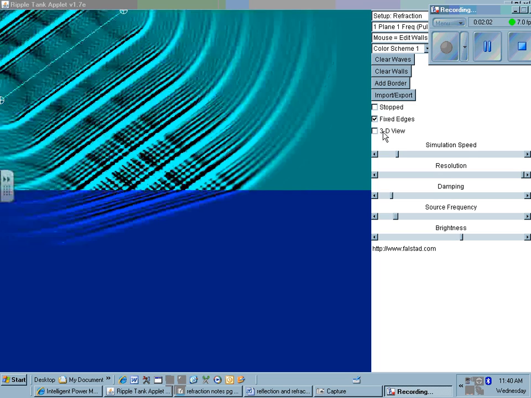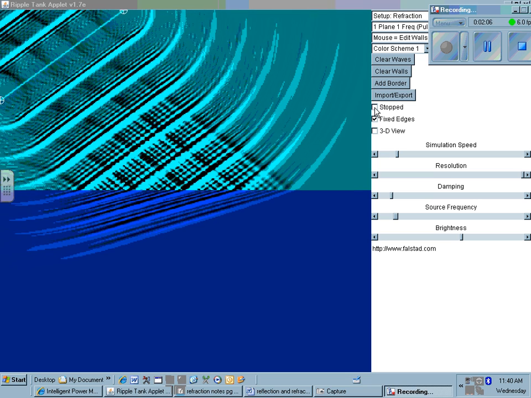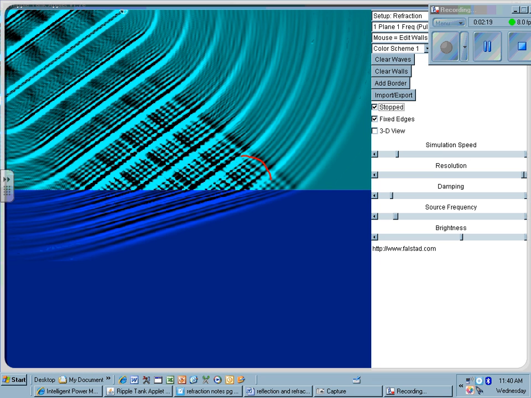Let me stop it. If you look at the wavelengths up here at the very top, they're about as big as my finger, where down here they're about half my finger. So this length is about 2 times as much as that length.